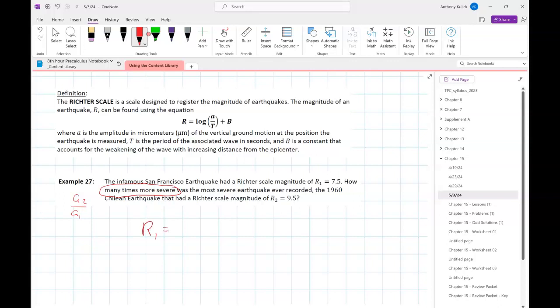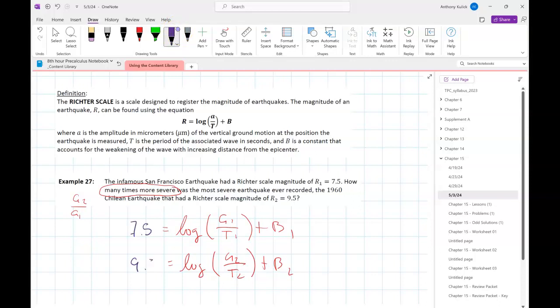So we're going to write 2 sets of these equations. Because what we have given to us are the R's, right? So right away, I'm going to replace R1 with 7.5 and R2 with 9.5.